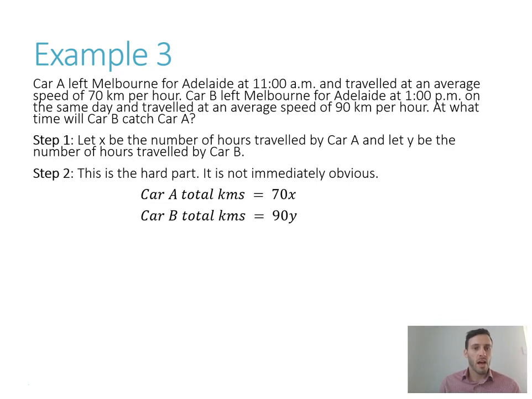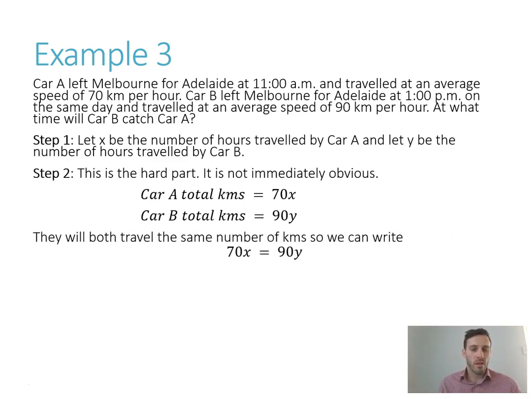We know for car A, the total kilometres travelled is going to be however many kilometres per hour you travel times the number of hours. So the first equation is car A total kilometres equals 70 times X, which is our number of hours. Similarly, car B total kilometres travelled is 90 kilometres an hour times the number of hours, Y.